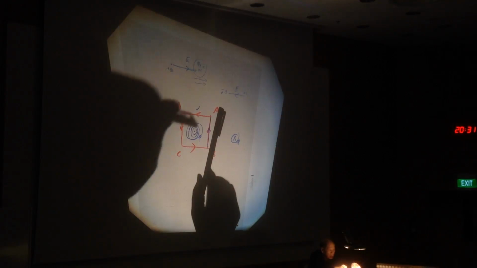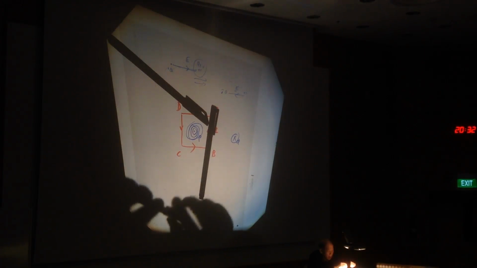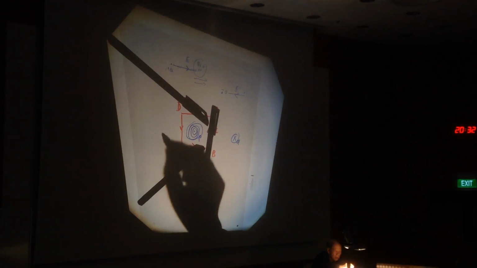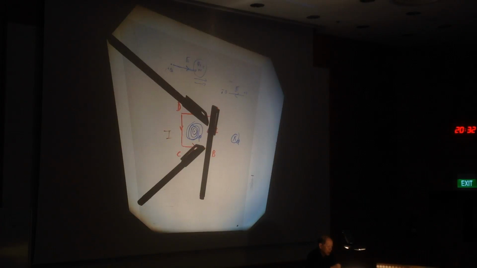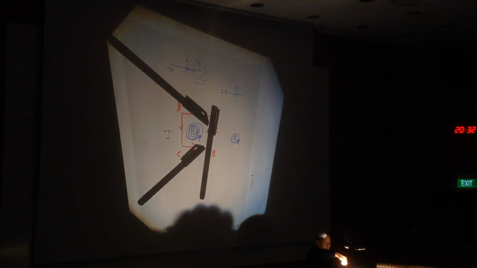Contribution due to DC, I grab DC. The current is flowing down. I grab, thumb this way. At that point Q, I want the field coming out.